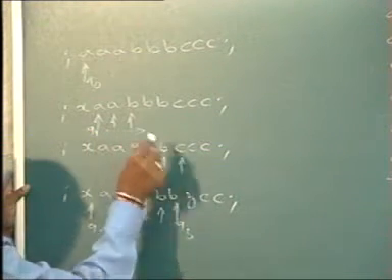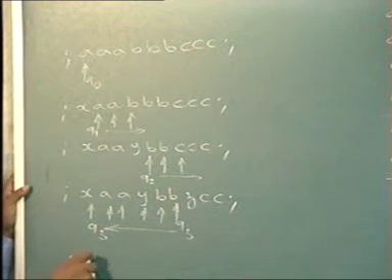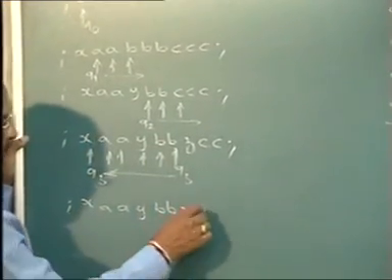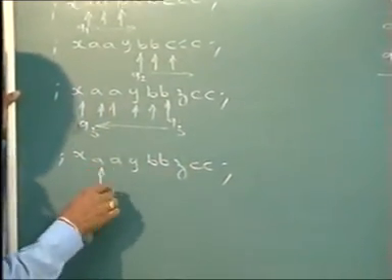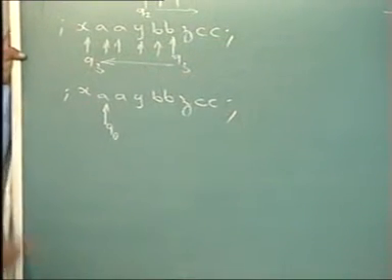So this was right movement, this was right movement, this is left movement. In Q3, on getting x, write x and move right, and you are at Q0.